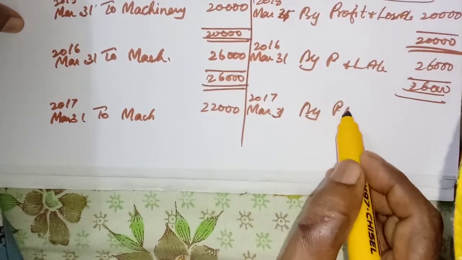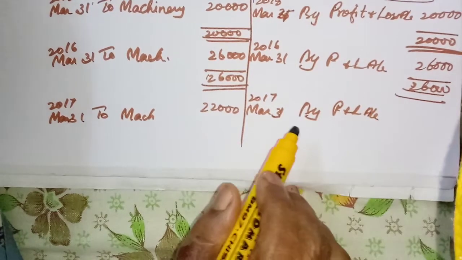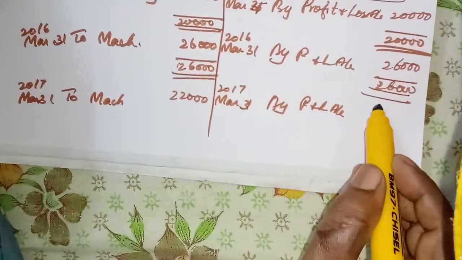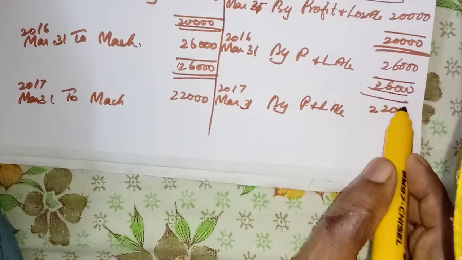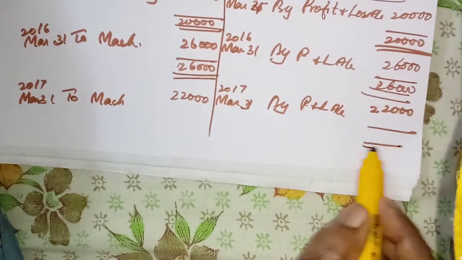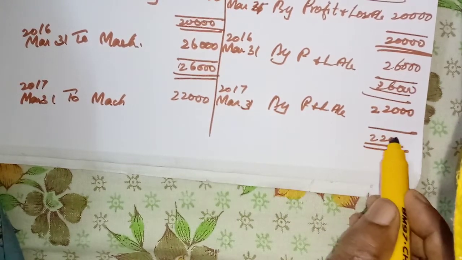By profit and loss account 22,000. Again, draw double line, single line and write that same amount.